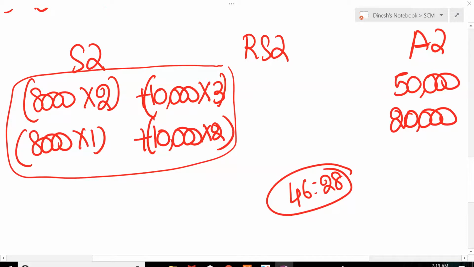It's not 3:1. Your RSQ is the total of AQ, which is 70,000, in the ratio of 46:28. Clear? Any doubts in this? You'll have to use in the ratio of 46:28. Do it now. SQ, RSQ and AQ. SQ is anyway calculated with the help of actual output.